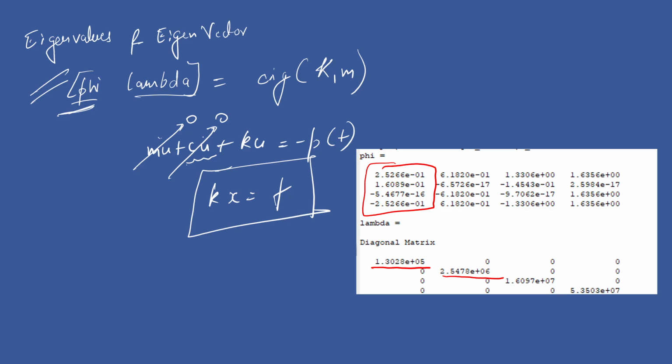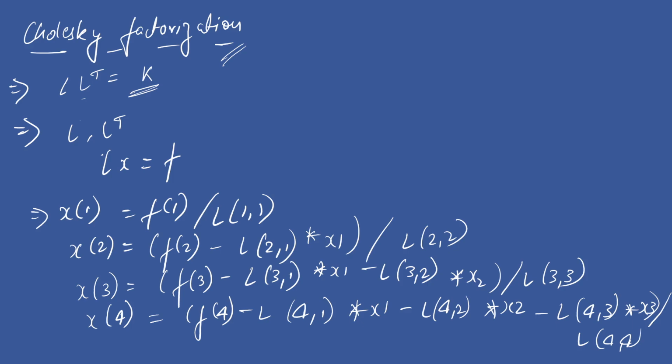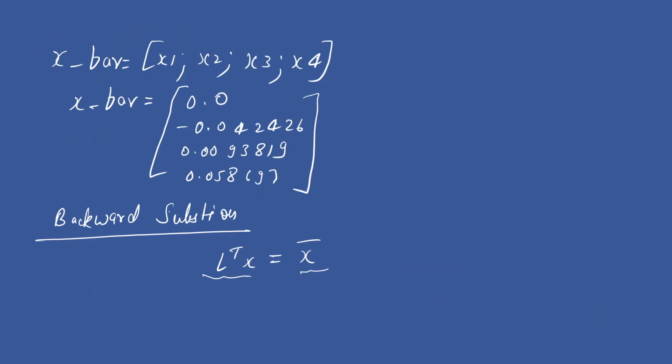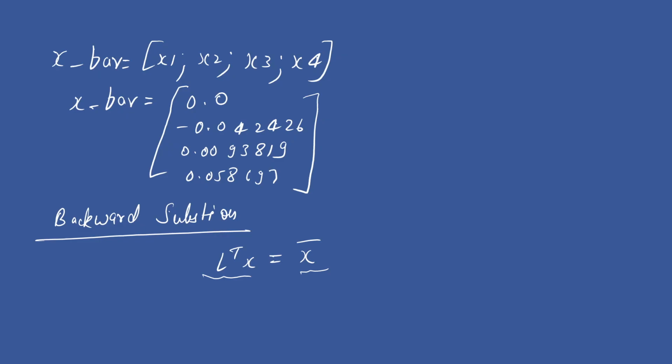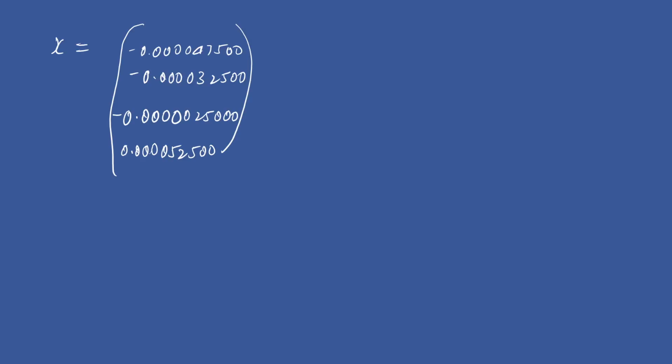Then you need to find the eigenvalues and eigenvectors for your reduced matrices, and after that perform the Cholesky factorization on those reduced matrices, which will give you the lower triangular and the upper triangular matrix. Those you can utilize to perform the forward substitution and the backward substitution, and you can find your final solution.